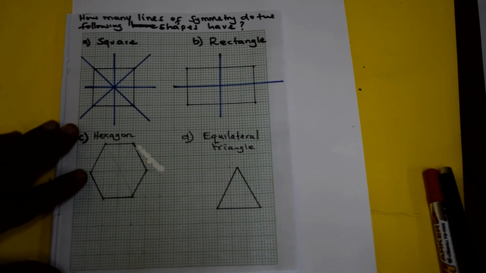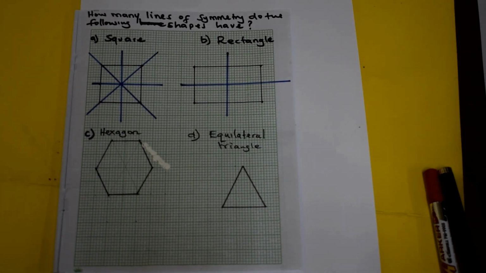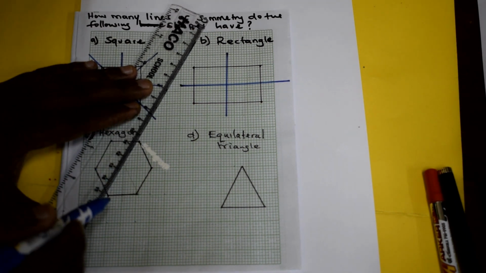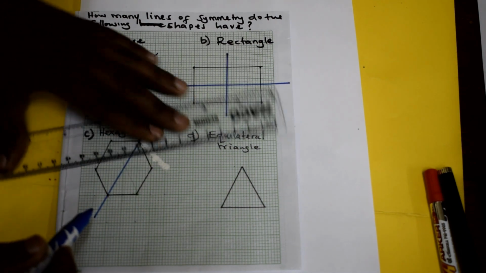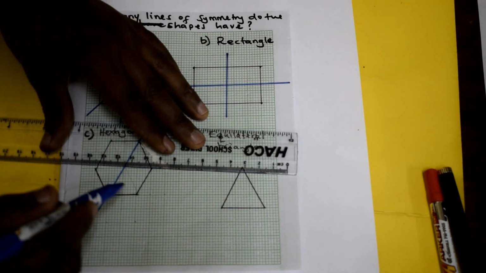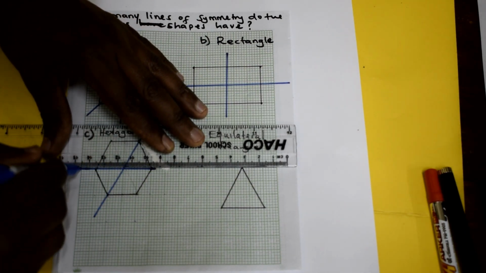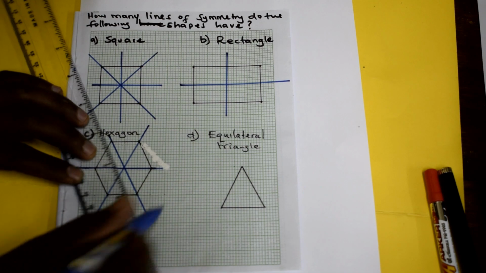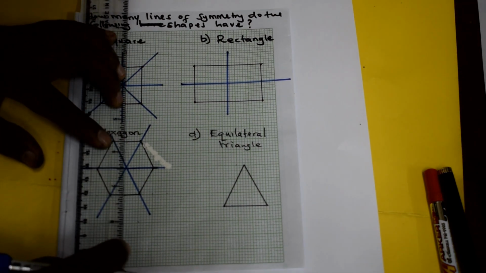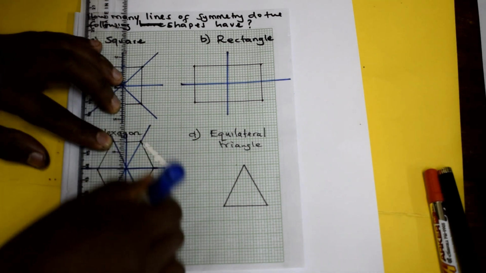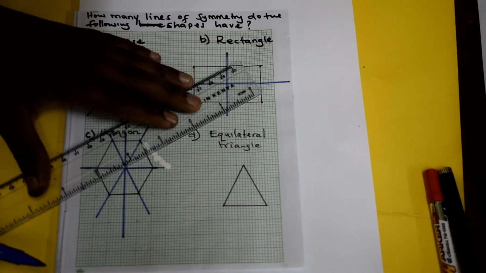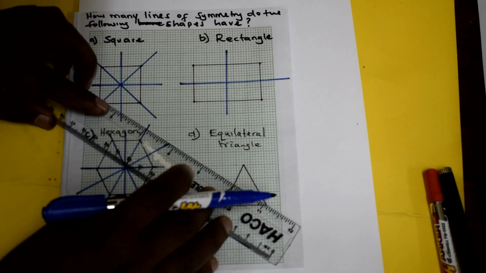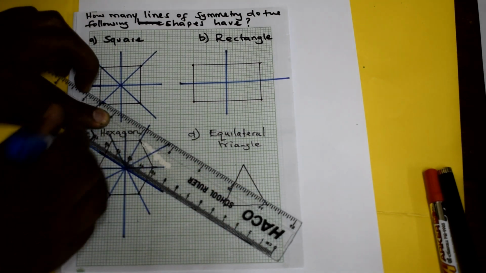Then if you go to a polygon like a hexagon, which is a 6-sided figure, we can have them this way: 1, 2, 3, 4, 5, and 6 lines of symmetry.